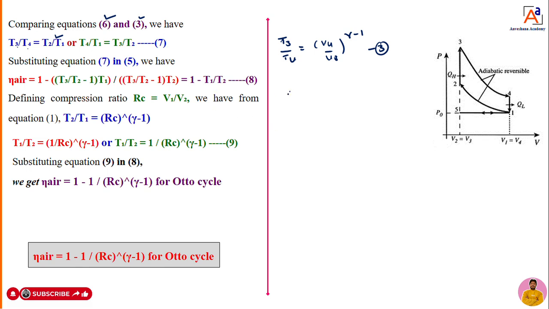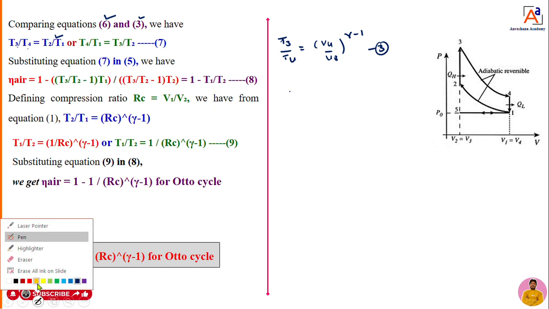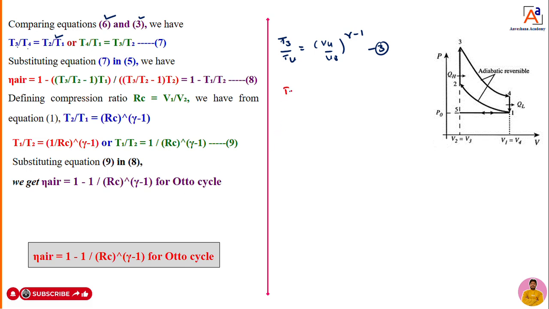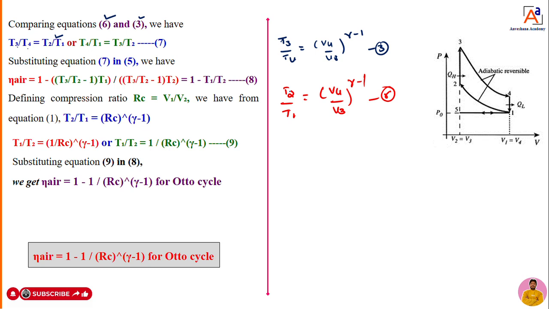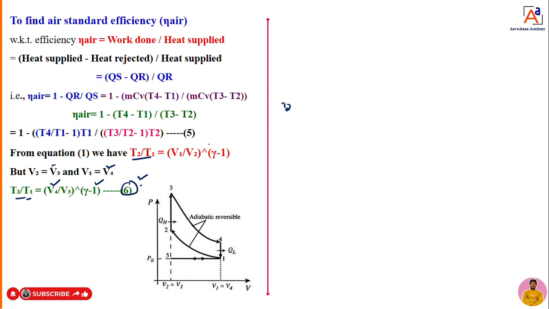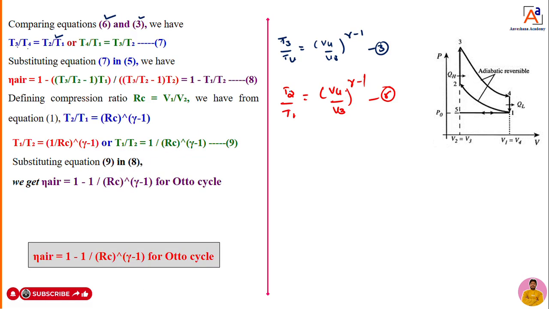This is your equation number 6 that you can see here now. Now you can see the value of V3 by V4 is T2 by T1.